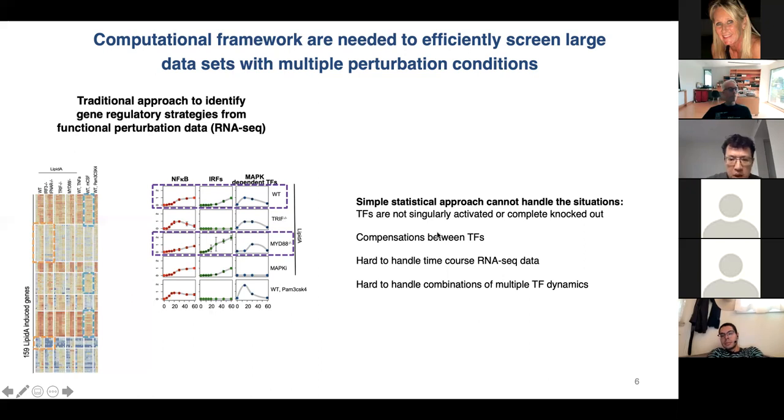It's also hard to handle time course RNA-seq data and combinations of multiple transcription factor dynamics. If you have dynamics rather than simple up and down, how do you dissect that? These are all limitations of the traditional simple approach.